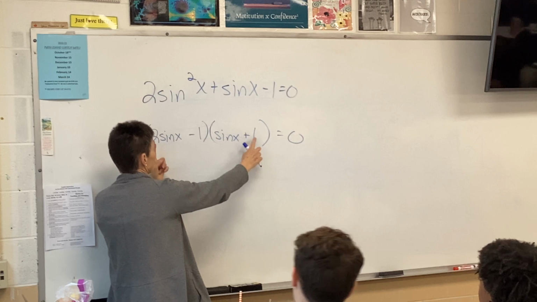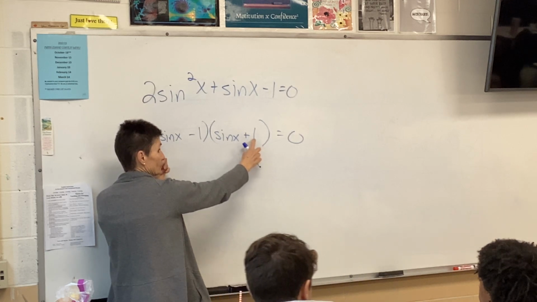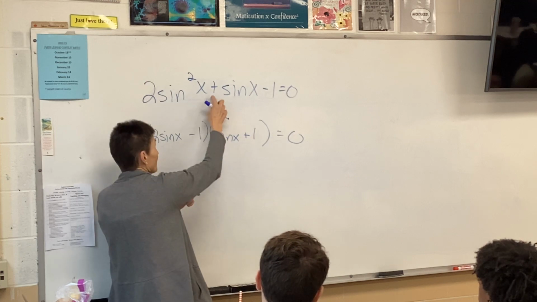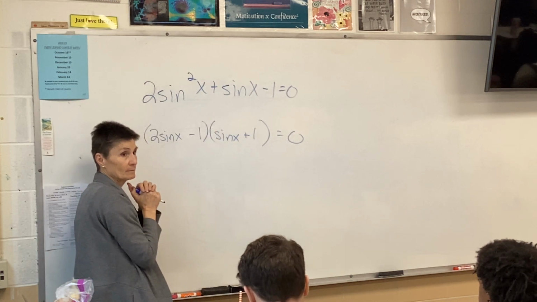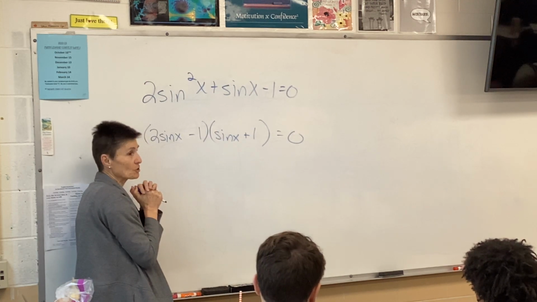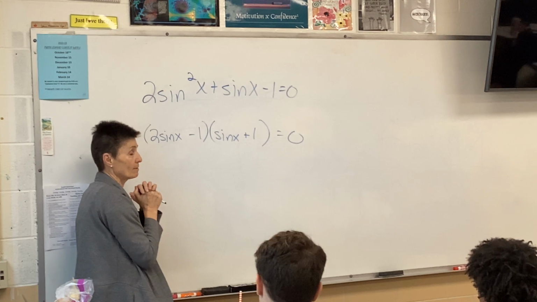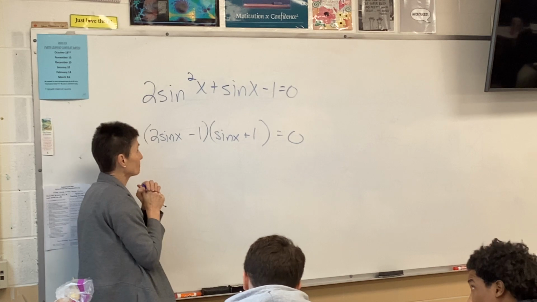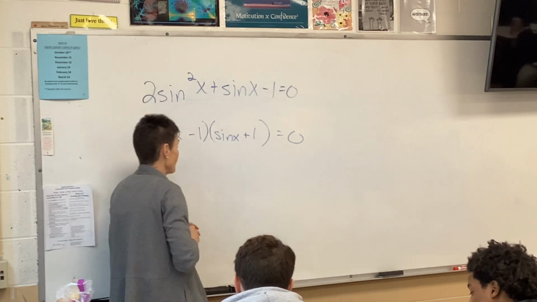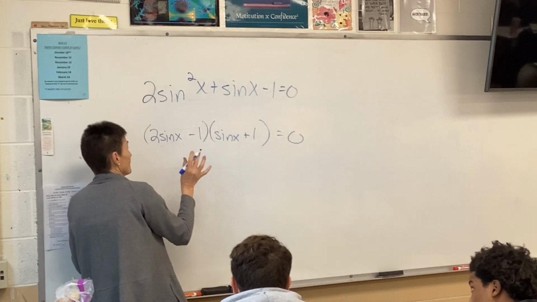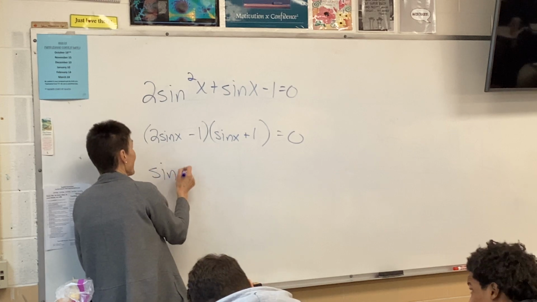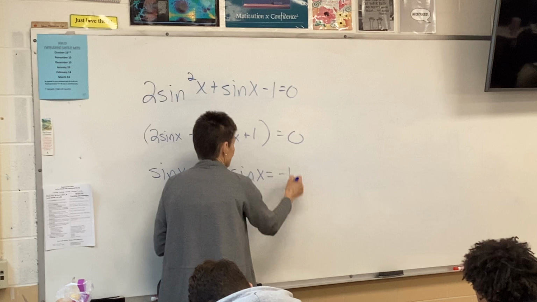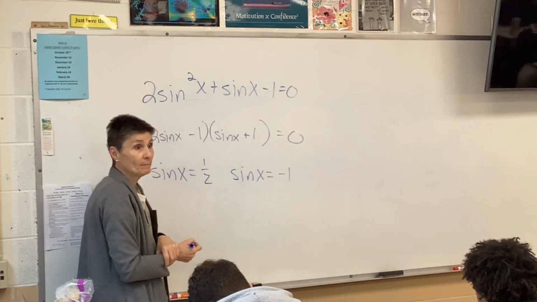When I FOIL, doesn't this give me +2? And this gives me -1? And when I add them, I get +1? We're just factoring like always. All right, what do I do after I get it factored? Set each equal to 0. So sine x equals +1/2 or sine x equals -1.